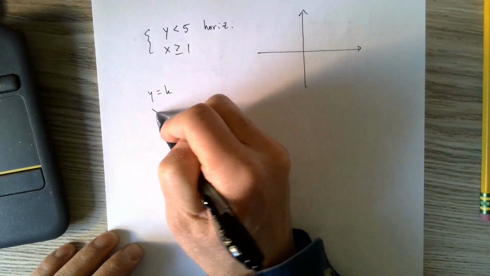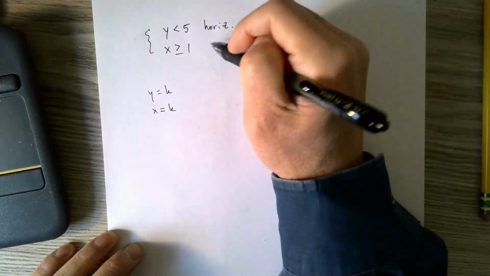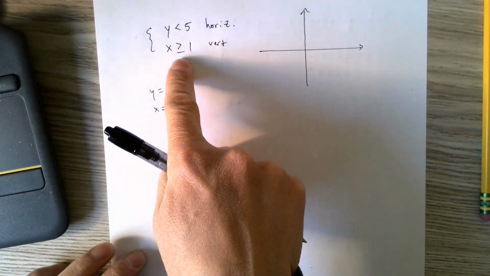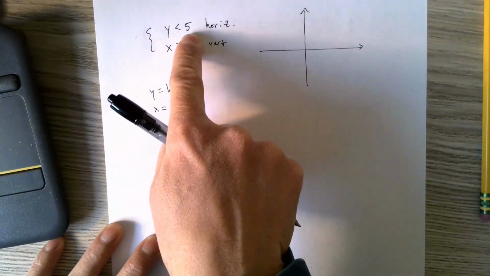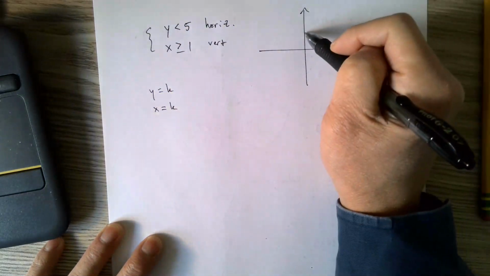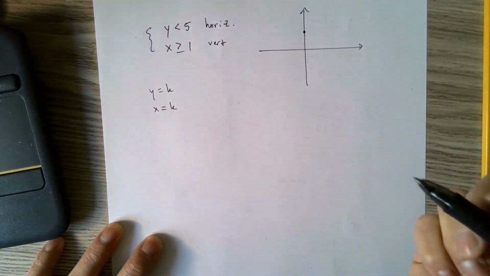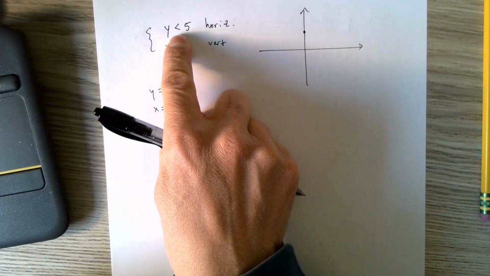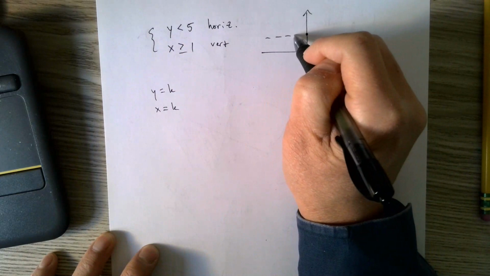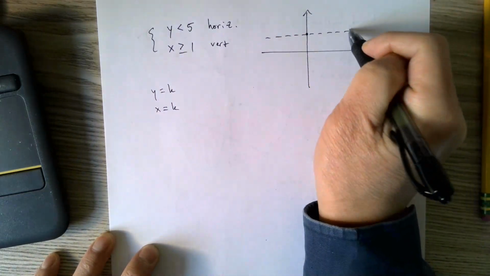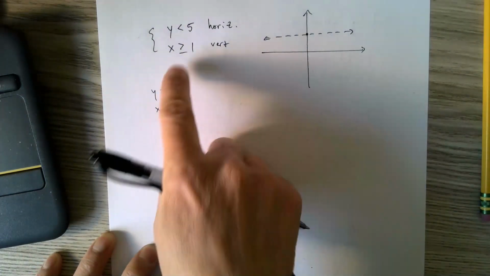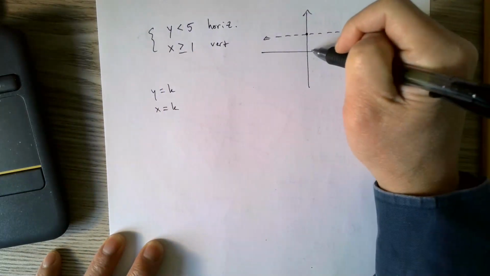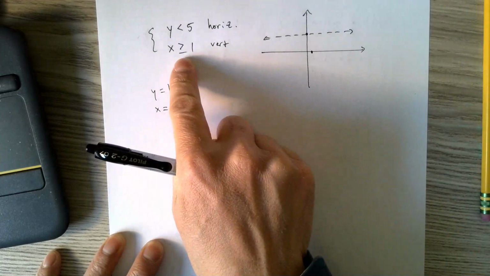And any line of the form x equals k is a vertical line. So we've got a horizontal line and a vertical line. The horizontal line will go through the y-axis at 5, and it will be a dotted line. The vertical line will go through the x-axis at 1, and it will be solid.